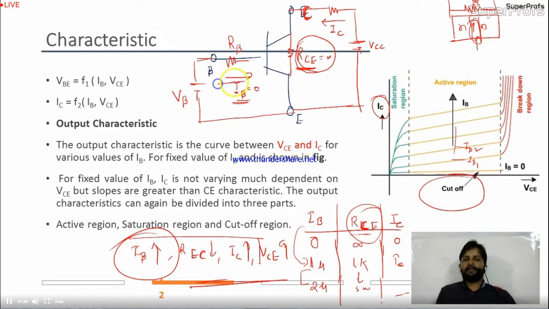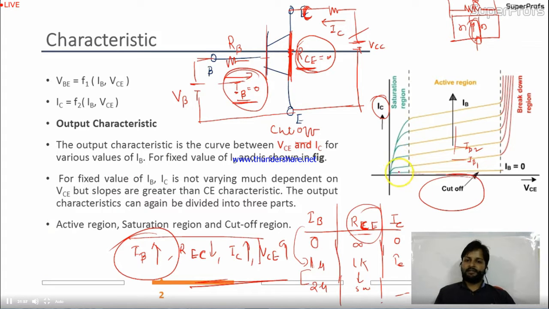If we are applying IB over here, your IC will increase because your resistance is going to decrease. So when IB is equal to 0, that was the cutoff region, okay? And at one time we'll see at a particular value of IB, there will be 0 resistance in between collector and emitter.